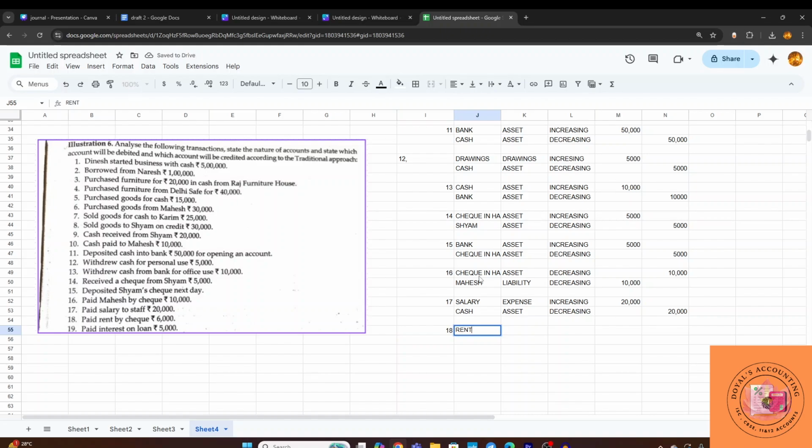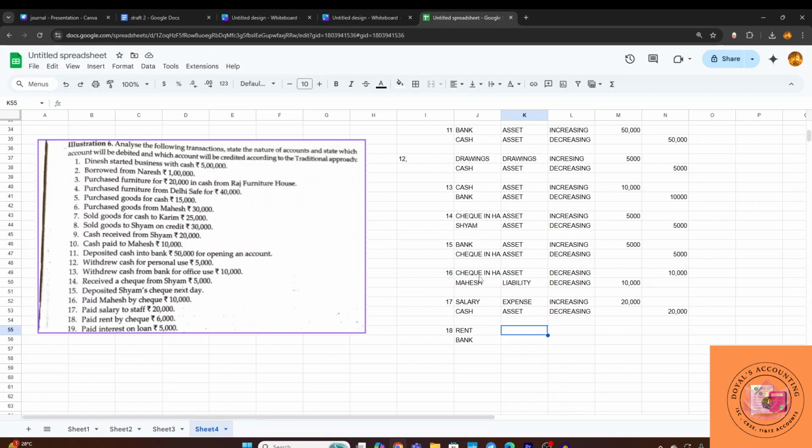18. Rent paid by check rupees 16,000. Rent and bank. Two accounts are involved. Check in hand and bank varies on the situation. For example, in the cases of Sham and Mahesh, we had another transaction which clearly showed the difference, in which they physically deposited the check.